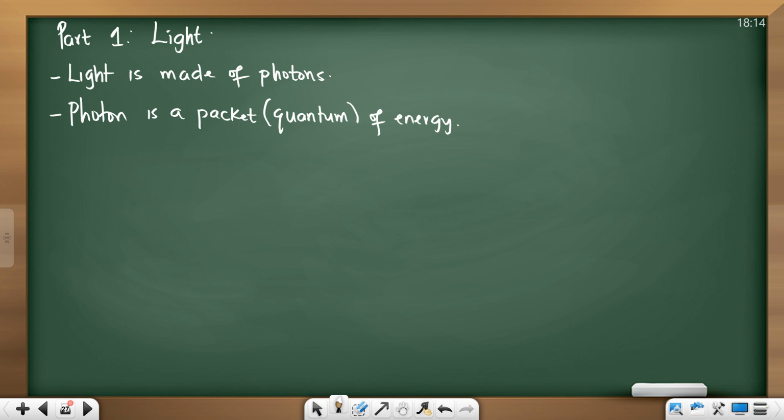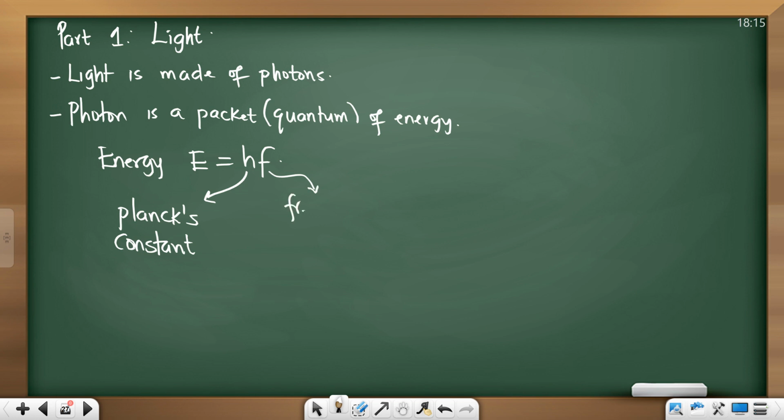All right, and now quickly, how do we define this energy? This energy, E, can be defined as hf, where h is known as Planck's constant. And what is f?